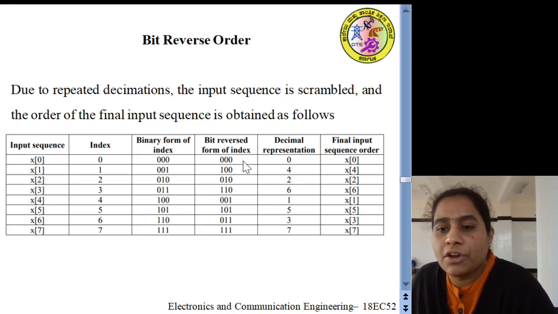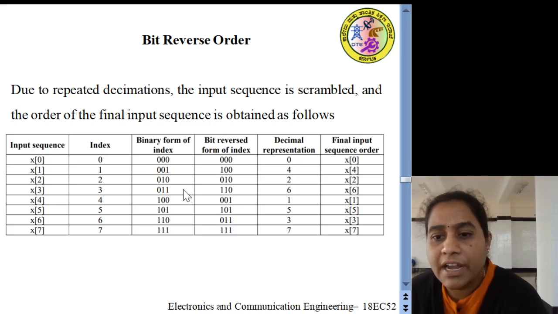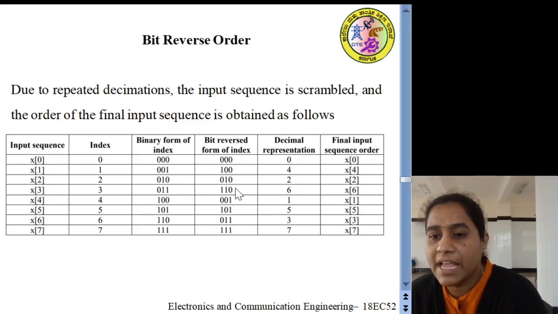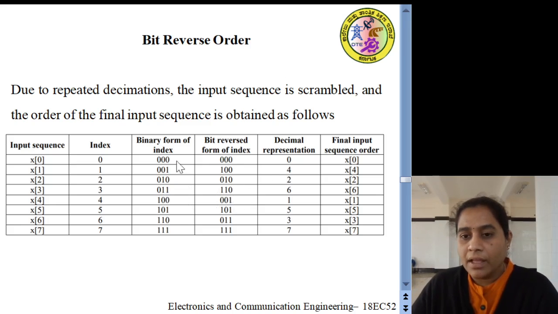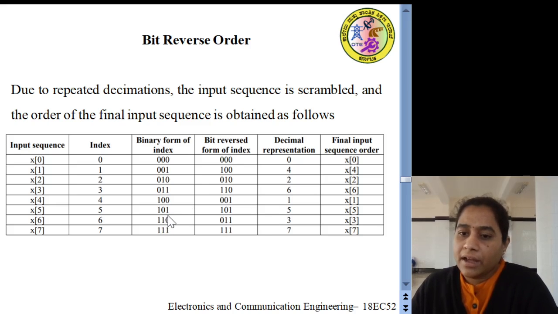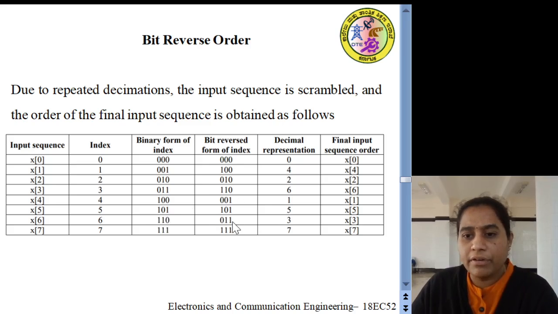If we reverse 001 we obtain 100, and if we reverse 010 we obtain the same 010. If we reverse 011 we obtain 110. If we reverse 100 we obtain 001. If we reverse 101, we obtain the same 101. If we reverse 110, we get 011. Last is 111.